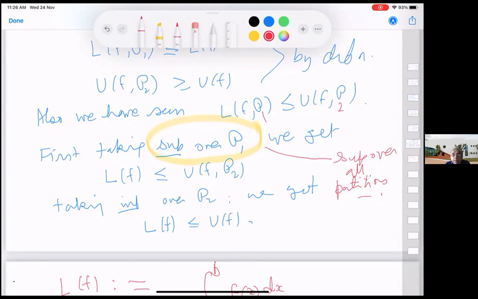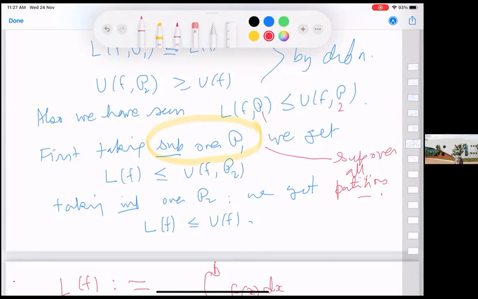So the point is, on one hand, the lower bound and upper bound are defined. LF and UF are defined without any reference to each other. LF is defined as the supremum over all lower bounds. UF is defined as the infimum over all upper bounds.